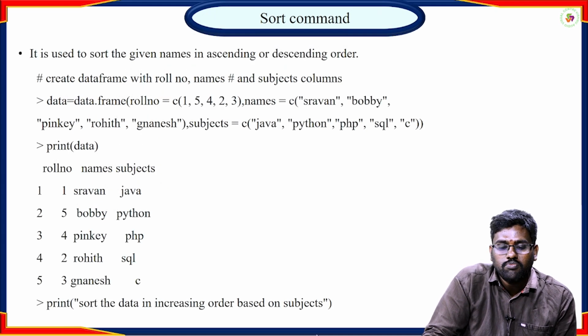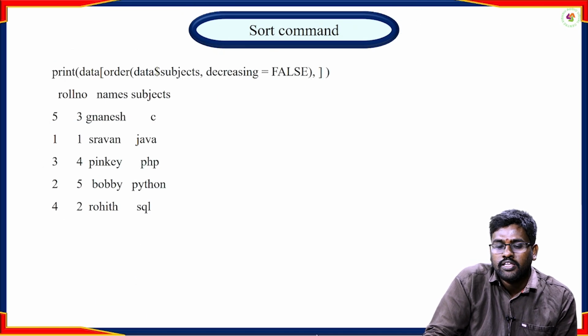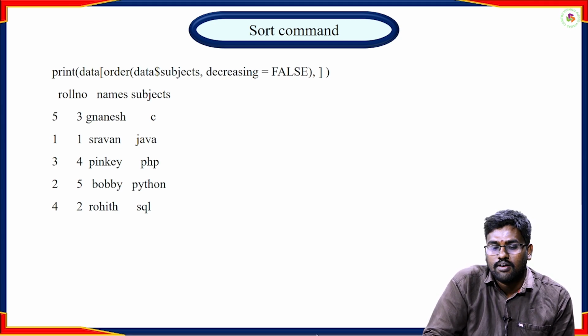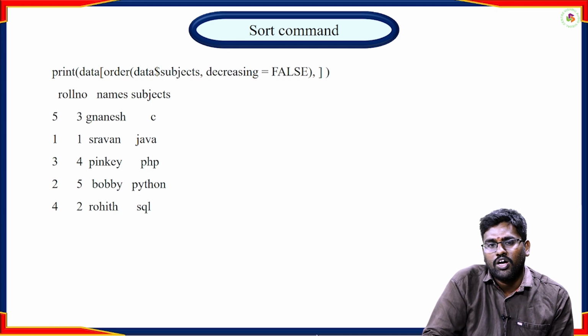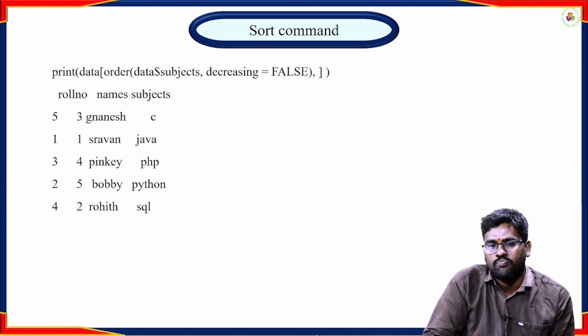See the previous screen. Observe the subject names: Java, Python, PHP, SQL and C. After applying this, they change to C, Java, PHP, Python, SQL. Only the subject names are in ascending order. If I want to print the subjects in descending order, we need to change just one word: print of data order of data dollar subjects comma decreasing equal to true.